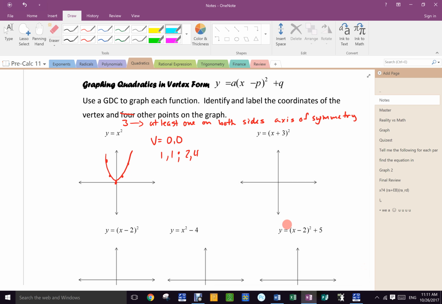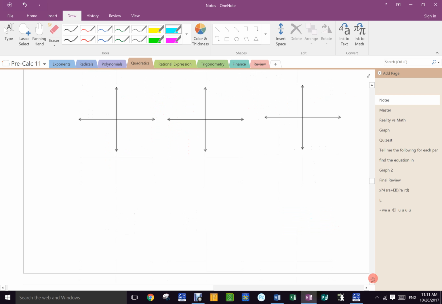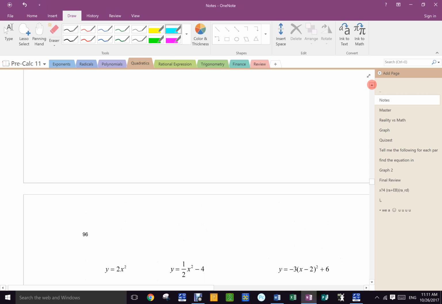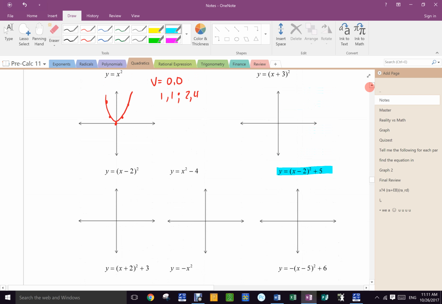I'm going to do this one with you now because that's the difficult one. What is my vertex? You should be able to pick it out right from the equation. To the right 2 and up 5. So it's 2, 5. Yes? Because I've got to remember it's opposite for that one.